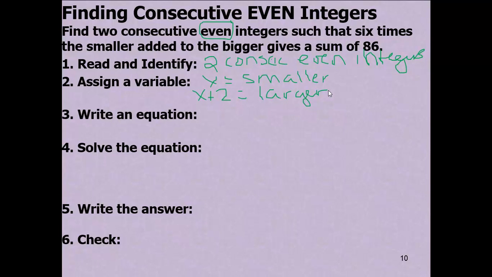I have to write an equation. 6 times the smaller. What's my smaller? x. So 6 times x, added to, that's just a big old plus sign, the bigger. What is my bigger? x plus 2 has to equal 86. Now go ahead and solve it and come back and see if you got it right.